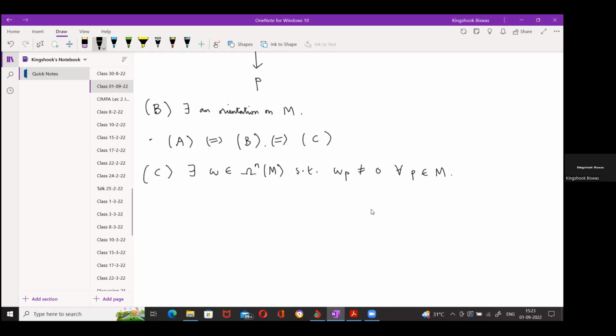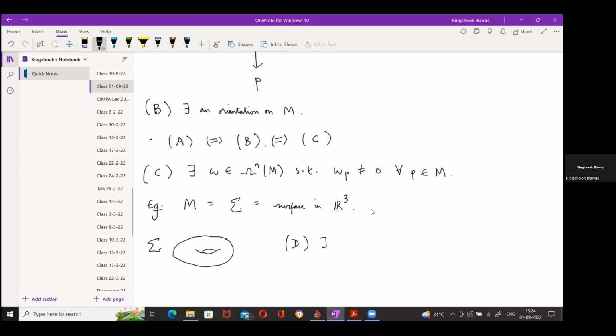Okay, and a special case: if M is equal to sigma, which is a surface in R3, for example, a torus sitting inside R3. In this case, you have another equivalent condition for orientability.